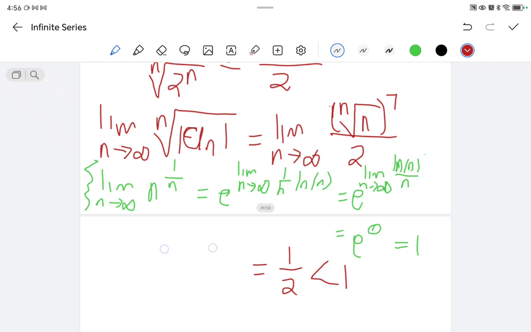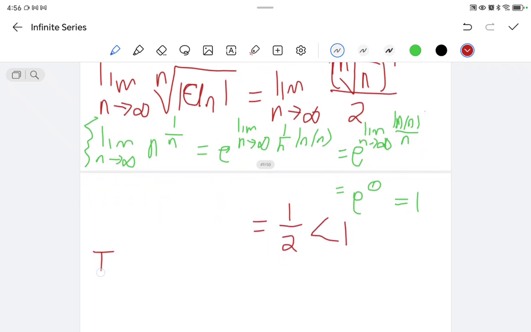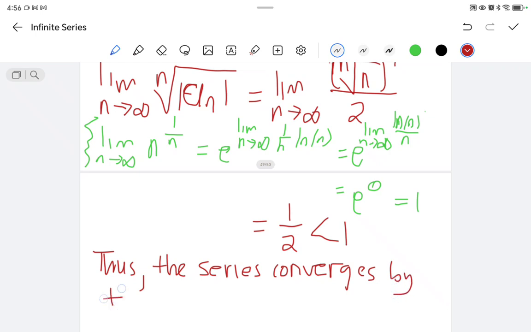So we can say, thus, the series converges by the nth root test.